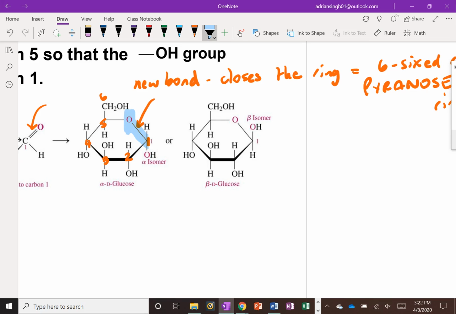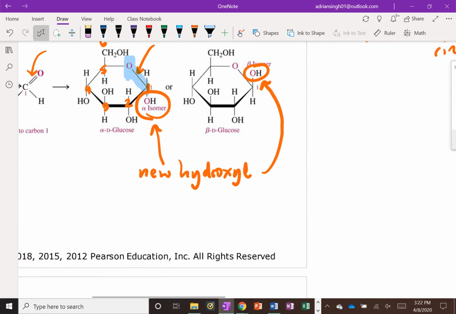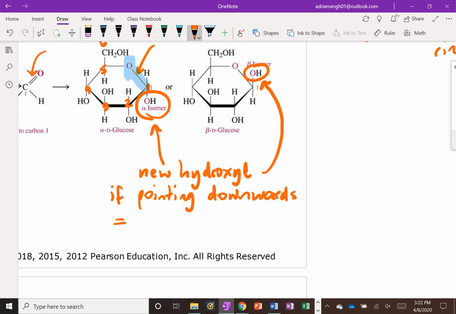So there's a couple of possibilities that can result when we make that new bond. We can end up with that new hydroxyl group, the new hydroxyl group that's produced, either pointing down, and if it's pointing downwards, we end up with what's known as the alpha isomer.